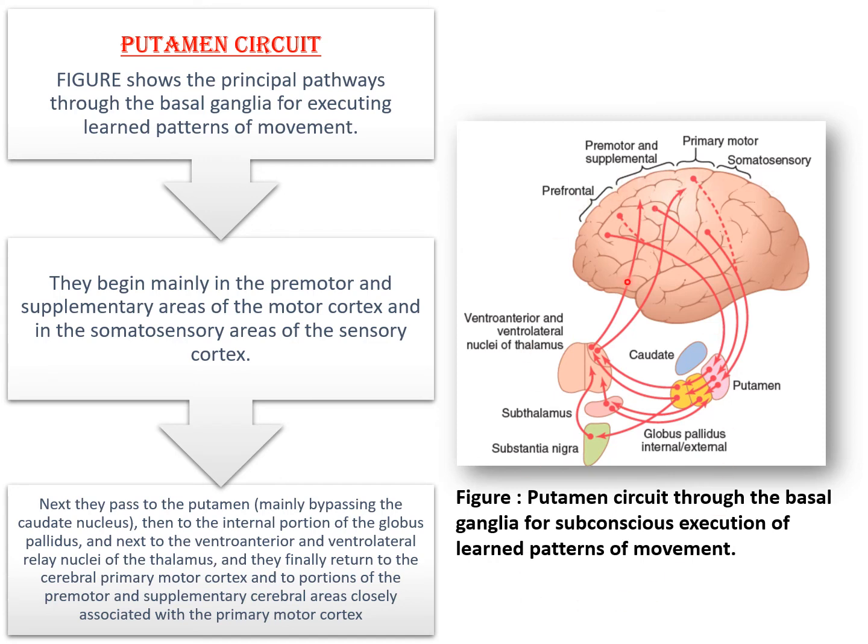So this one is a figure of putamen circuit through the basal ganglia for subconscious execution of the learned pattern of movement. So this is all about the putamen circuits.